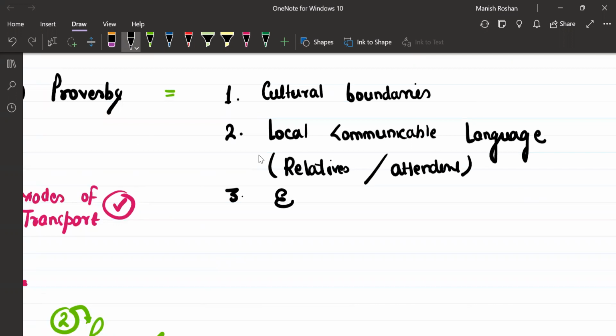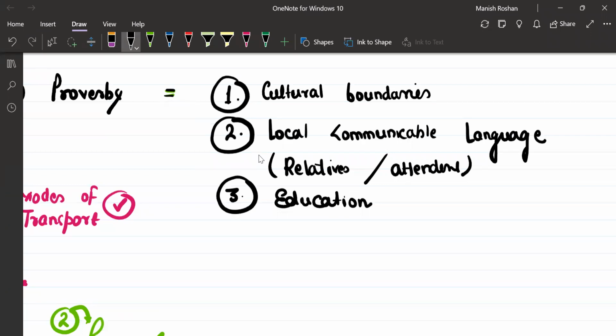Also, the education status. If you're asking a person who has just passed class 6, he or she might not be able to answer the toughest of the proverbs. But if an individual has passed class 12th or has done a higher level of education, he or she might be able to answer the same proverb. So take into consideration the cultural boundaries, the local communicable language, and the third is the education status.